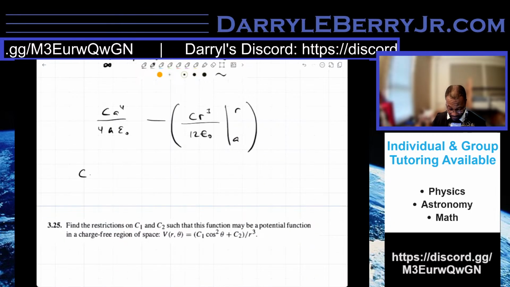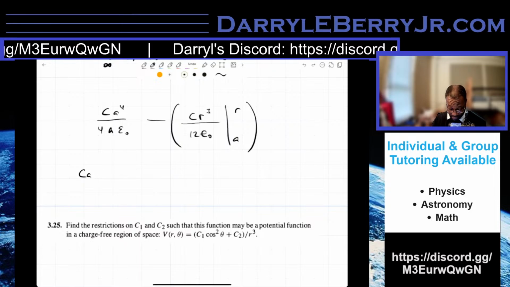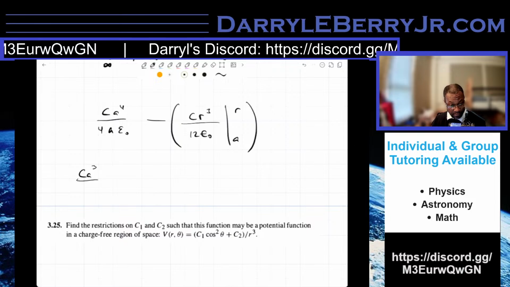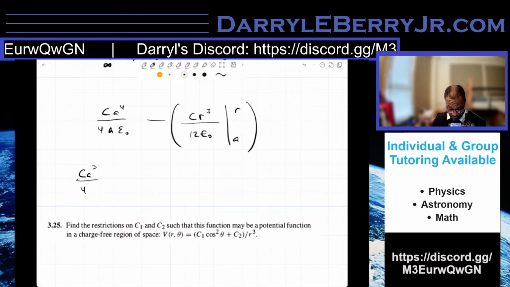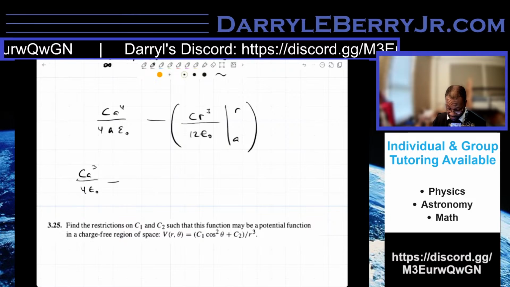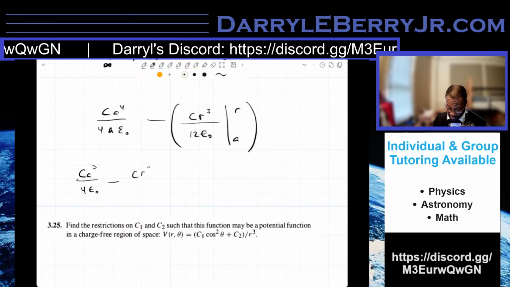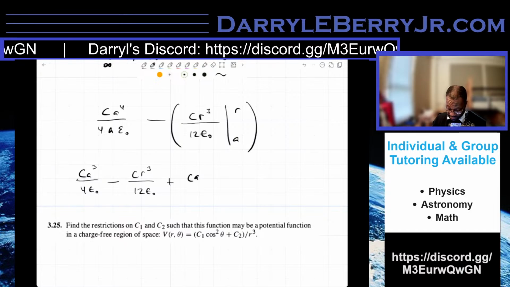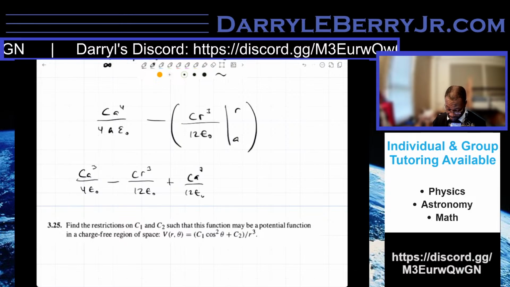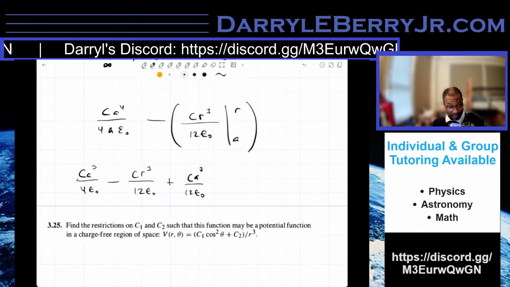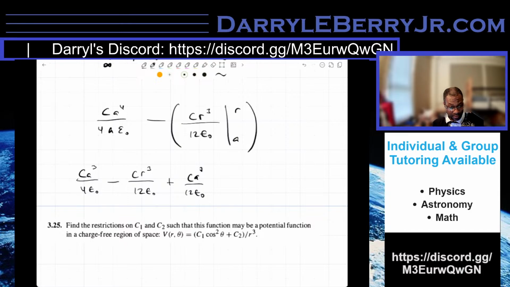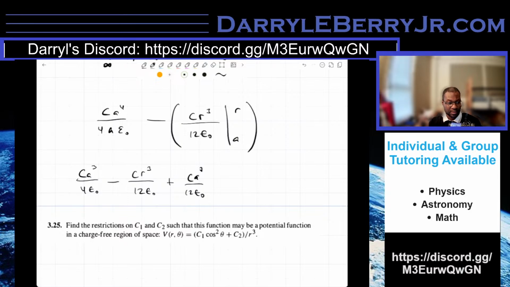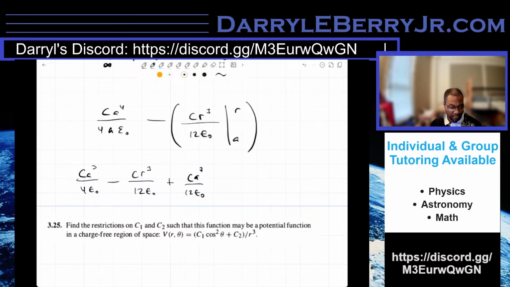So this should be C A to the fourth, A to the third over epsilon naught, minus C R to the third over 12 epsilon naught, plus C A to the third over 12 epsilon naught. It looks like there's a simplification in the solutions that I'm not seeing.